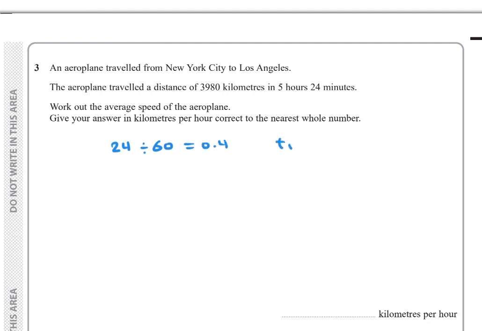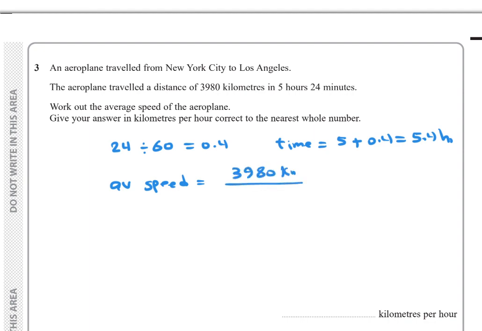So now the time is 5 hours, which is 5 plus 0.4, so 5.4 hours. Now the average speed equals the distance, 3,980 kilometers, over the time, which is 5.4 hours, equals 737 kilometers per hour to the nearest whole number.